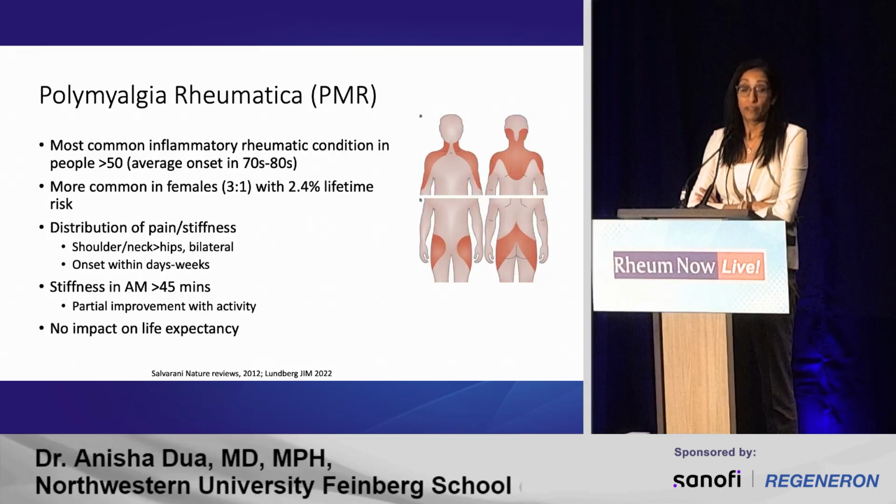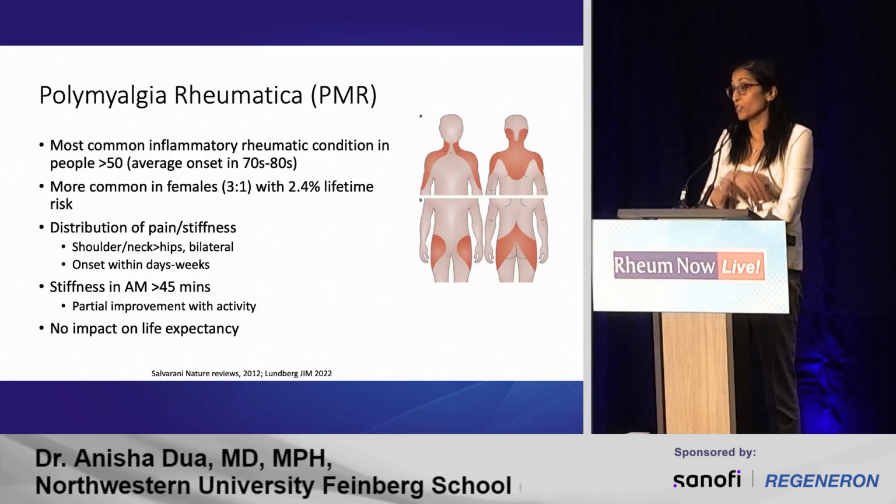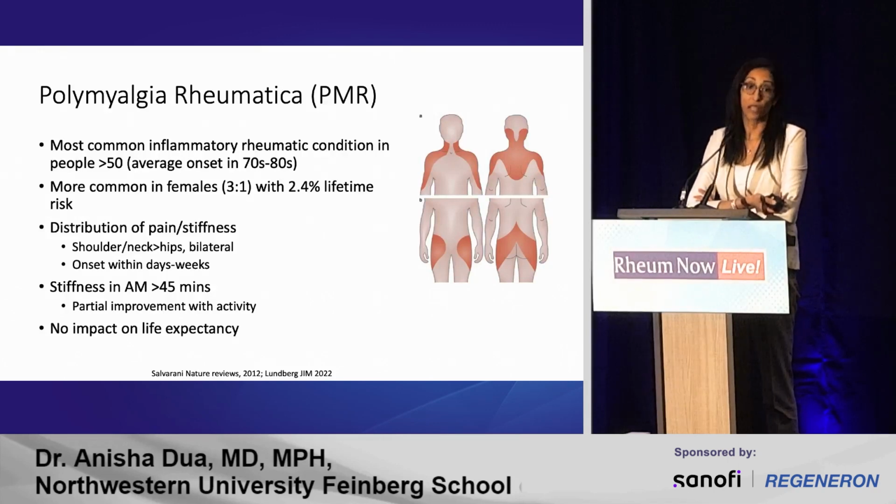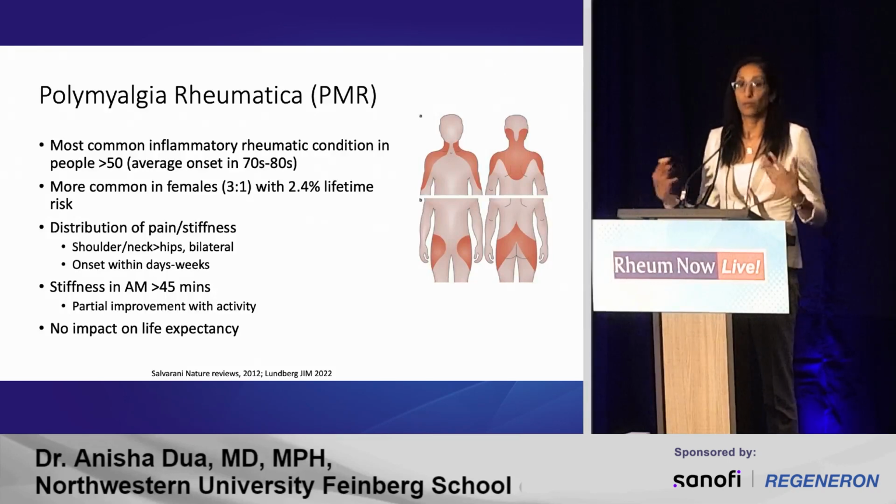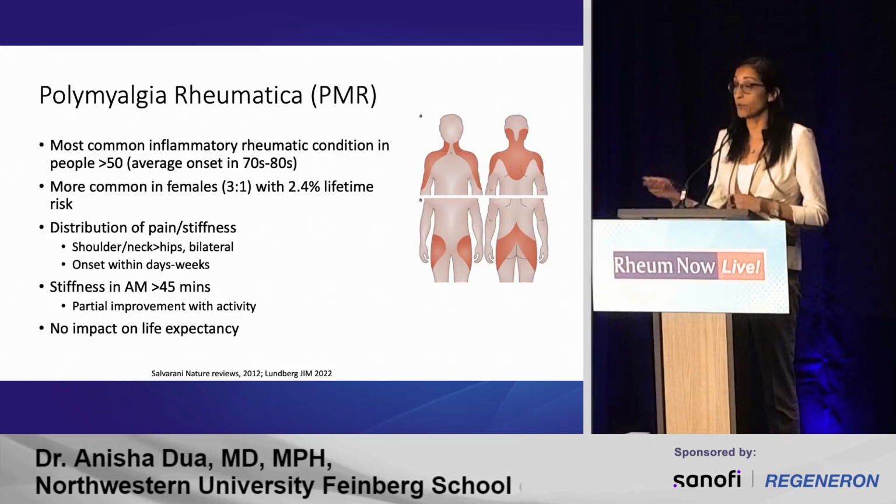It does predominantly affect females, but the main thing here is that this is one of our more common conditions, especially in rheumatology. And so there's a 2.4% lifetime risk of this disease. So a lot of these patients will actually be managed in primary care settings, and they may come to you only when they already start having refractory disease, and it's up to you to go back and figure out, was this really the diagnosis? How do I monitor these people moving forward?